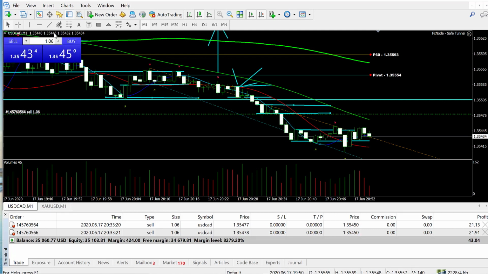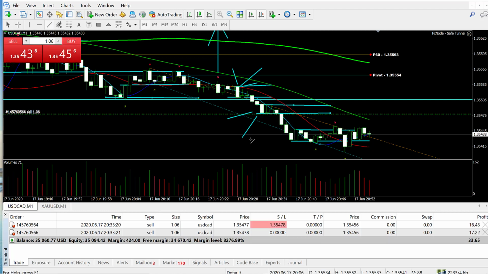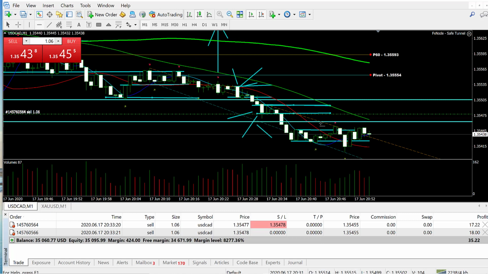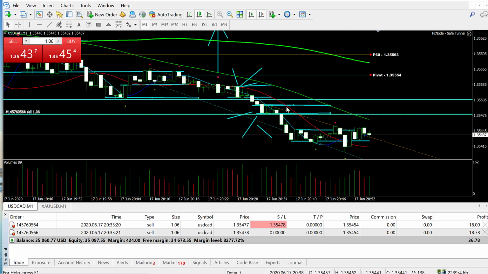And as you see, wherever it consolidates, wherever that long exhaustion candle is, right here. That long exhaustion candle right here, when it starts consolidating, you place your trend lines. And so on and so forth.